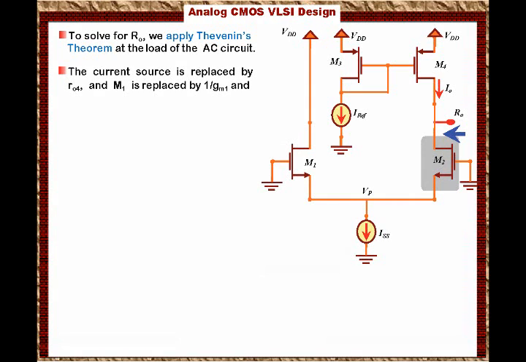And that makes sense, because when you look up into M4, you're looking into the drain, so you're going to see RO4. When you look down into the drain of M2, you're going to have RO2 in series with looking into the source of M1, which is nothing but 1 over GM1.